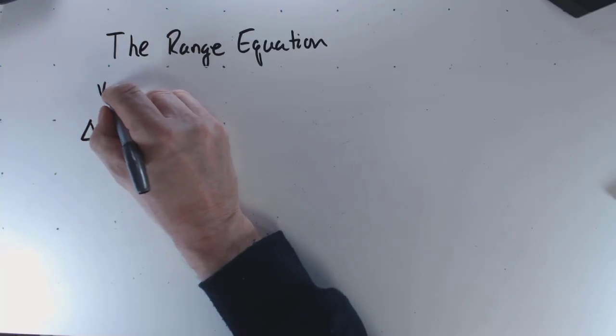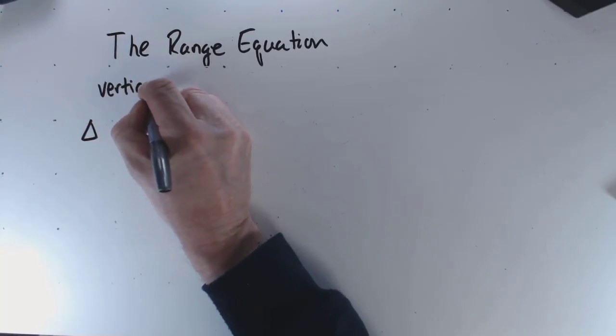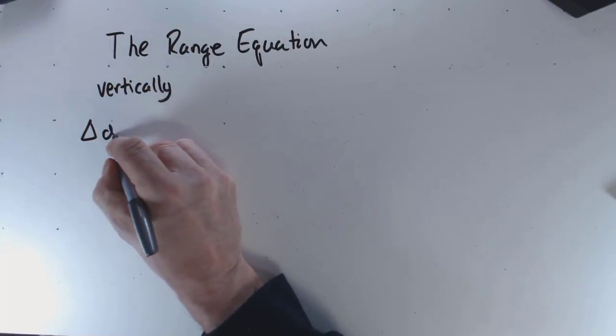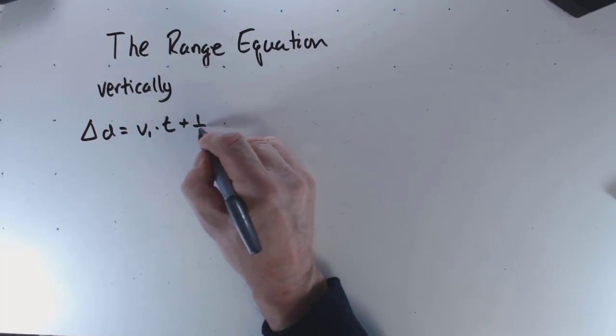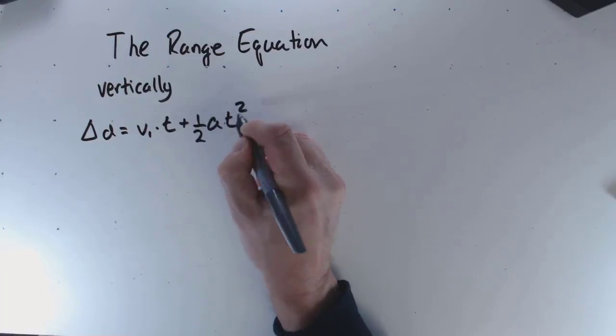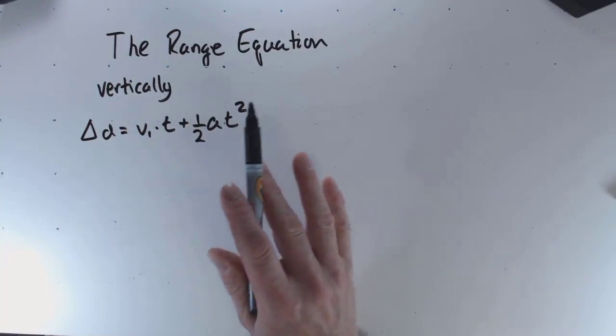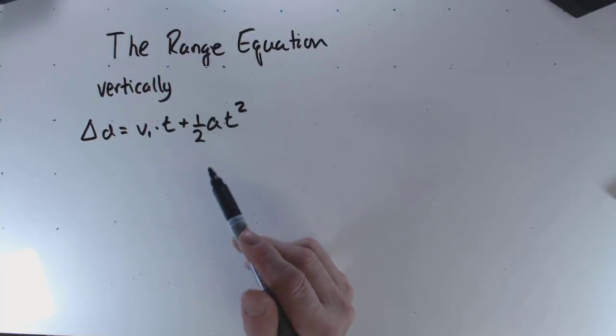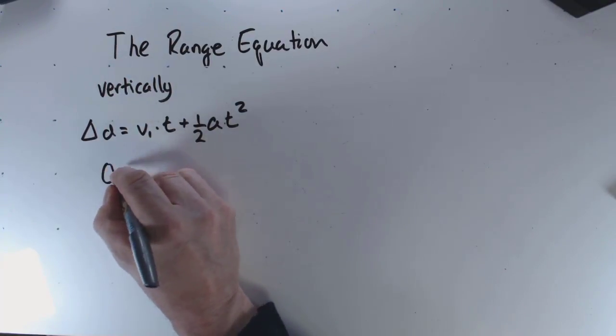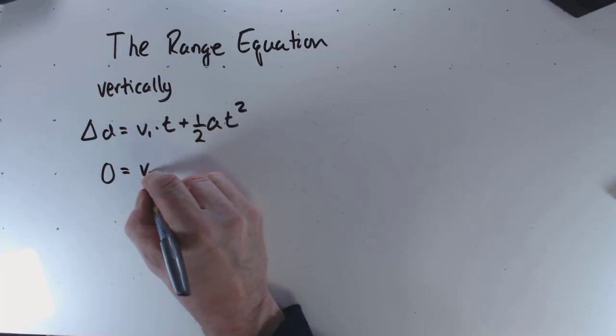And so vertically, because that's how I find my time, delta d equals v1 times t plus 1/2 at squared. Now, I have left off all the deltas and all the arrows just to make this a little bit simpler. Delta d we know is 0. v1 we are going to know what that is.